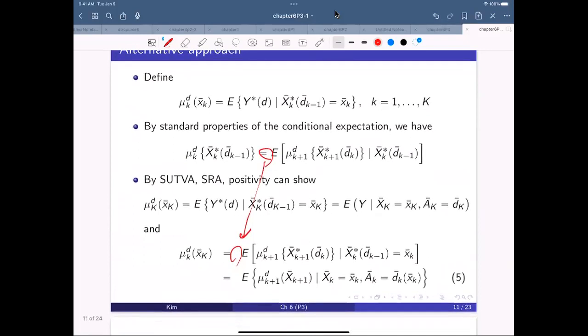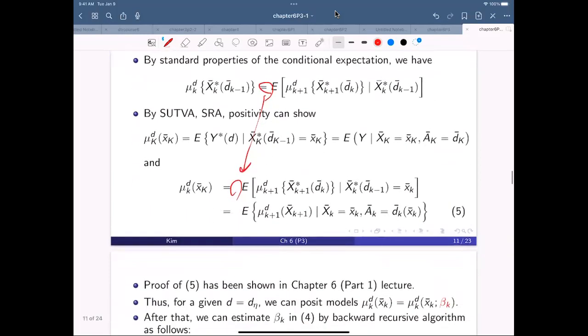The second part is identification, right? You want to express the potential outcome conditional expectation relationship as a function of the observed data, which we already proved before. So now we're just going to accept it. I'm not going to prove it again, but we did a similar thing before, right?